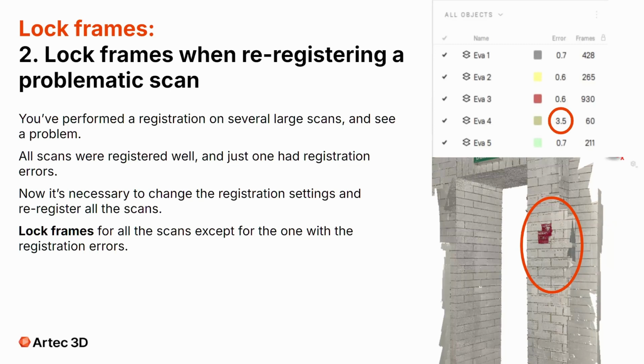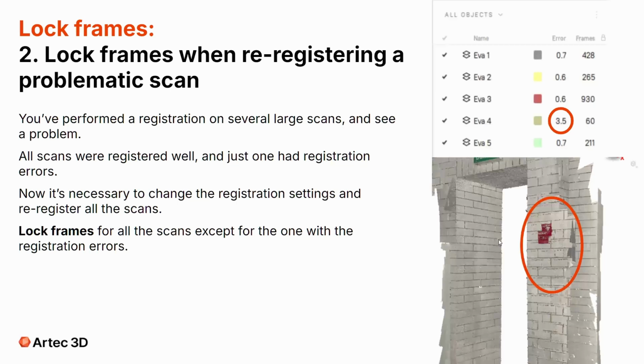By using log frames on the scans that you've already manually verified as correct, so in our example, they are here, you prevent the software from accidentally breaking those good sections while it tries to resolve the rest of the project. It is essentially a way to tell the software, I've already fixed this part, so don't touch it, and just concentrate on the, let's say, broken scan.